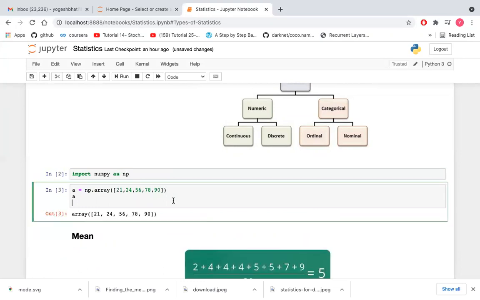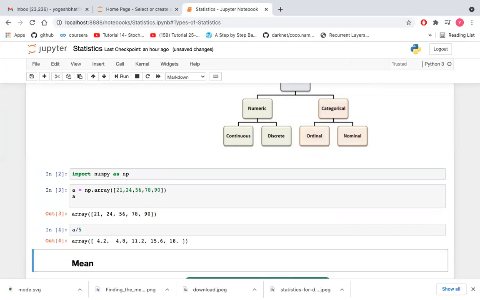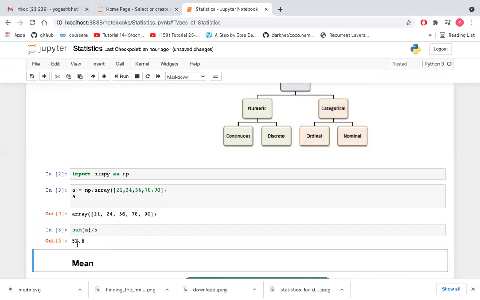Okay, here is the array. If you want to calculate, we take the sum of a divided by the total number, 1 2 3 4 5, so divided by 5. Okay, this is the mean value of the particular array.